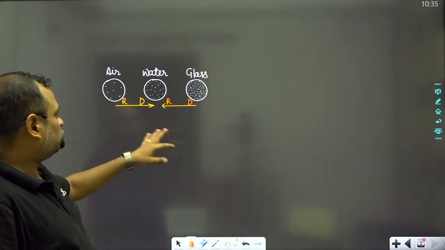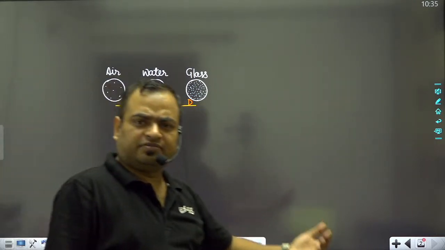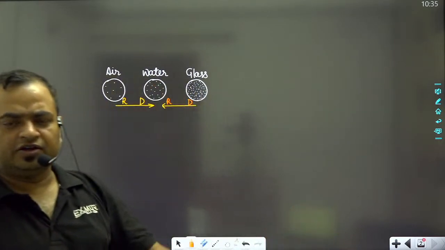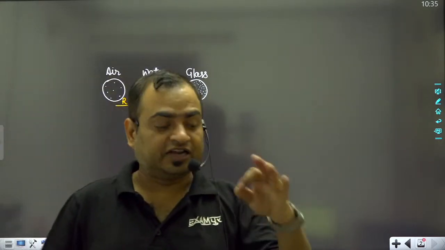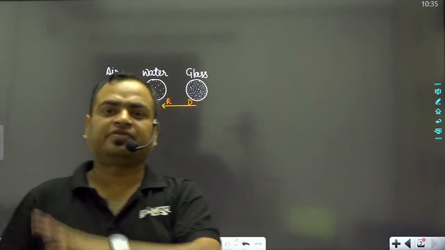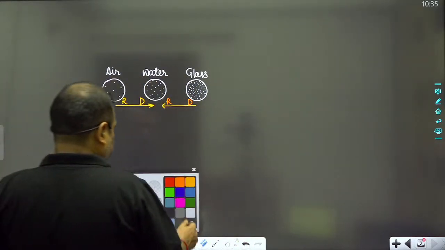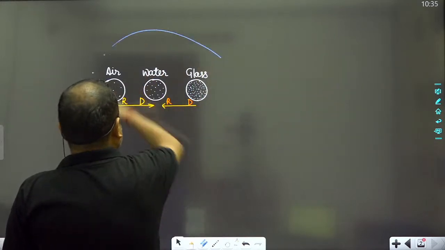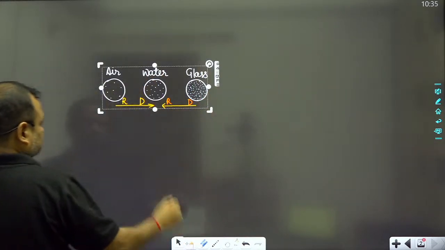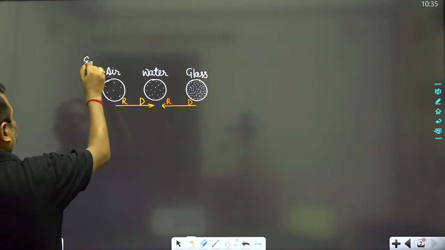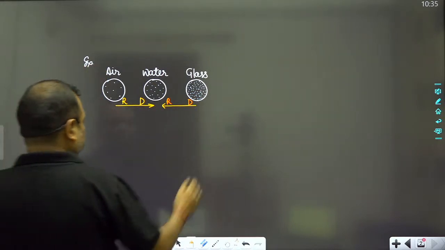Hence no medium is predefined. It can be defined only by comparison, and this is the reason that rarer and denser mediums are not predefined. Okay, so this is the example.